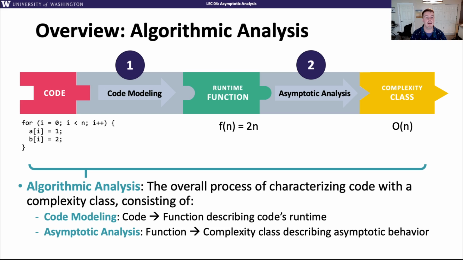Then once we come up with that function describing its runtime, we can now apply asymptotic analysis, which takes a function and puts it into this broad complexity class, in this case, O of n. And for us, it's going to be important to separate these concerns, coming up with a model for your code and then using asymptotic analysis on that model, because it allows this process to be more flexible.